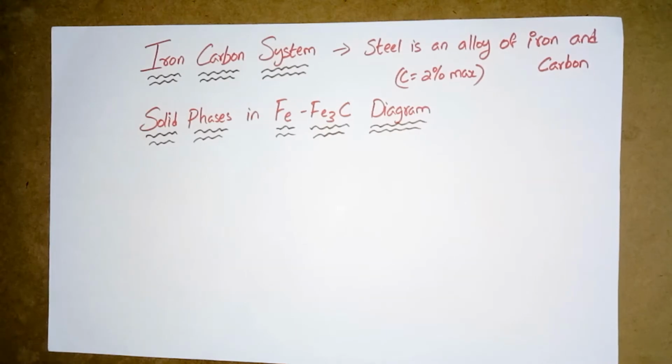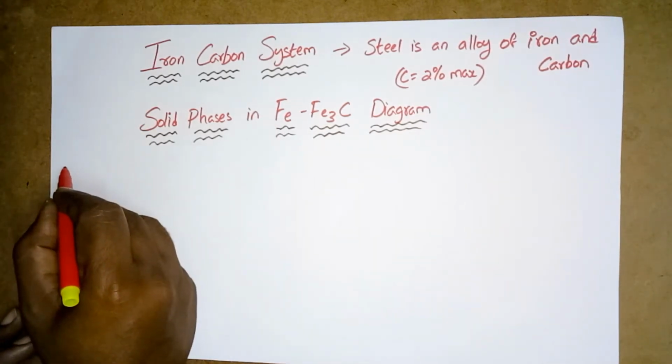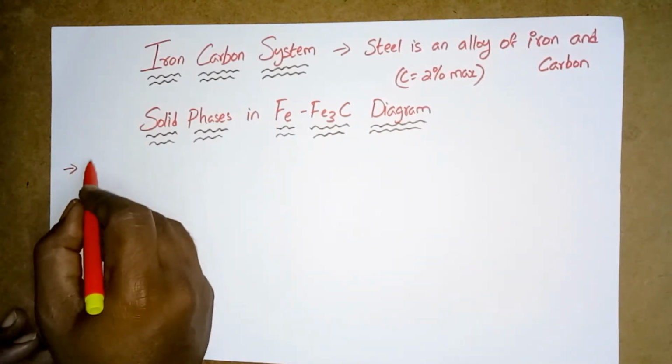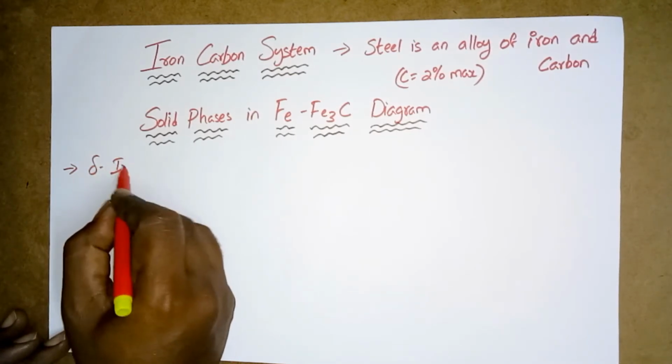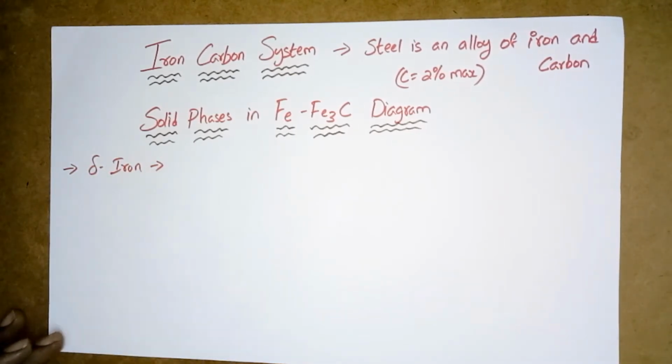First we will start with delta iron. Delta iron is the interstitial solid solution of carbon in the BCC crystal lattice which exists between 1400 degrees centigrade and 1539 degrees centigrade.